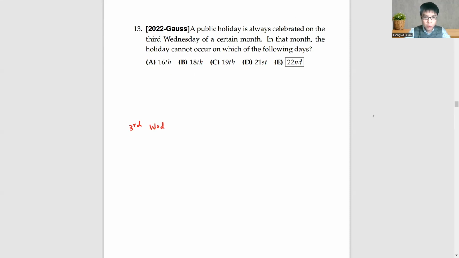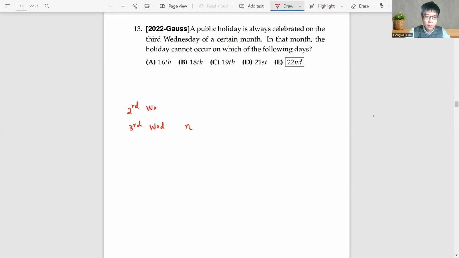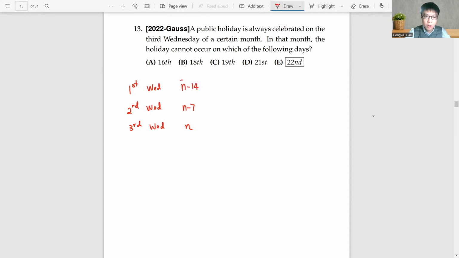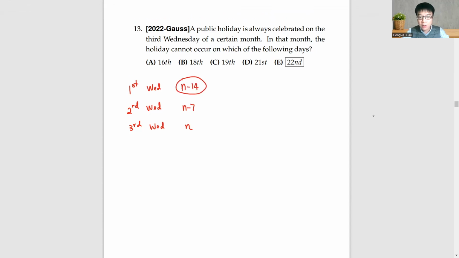Now, suppose the date is N. Accordingly, we can check the second Wednesday. That corresponds to date N minus 7. And the first Wednesday is going to be N minus 14.